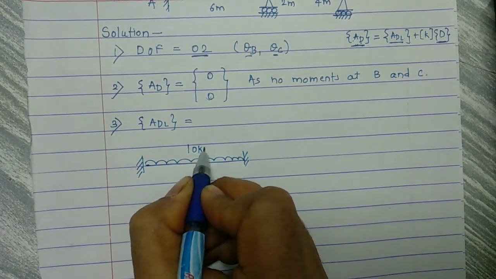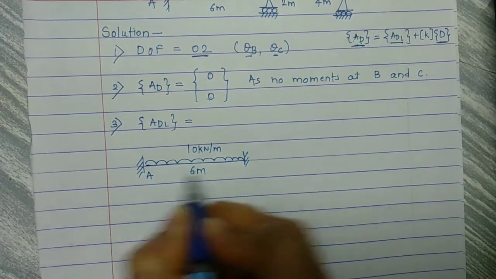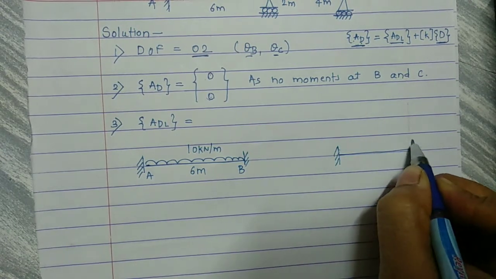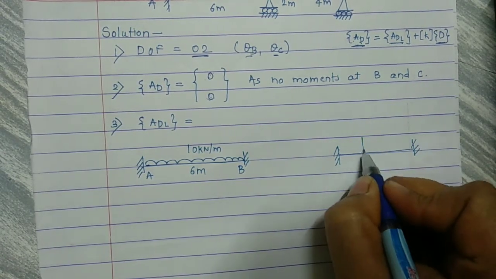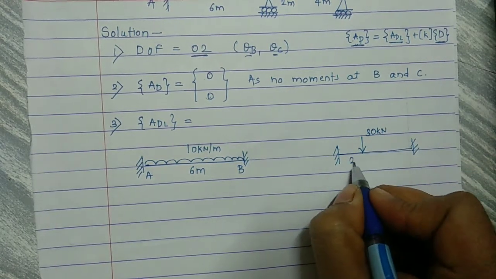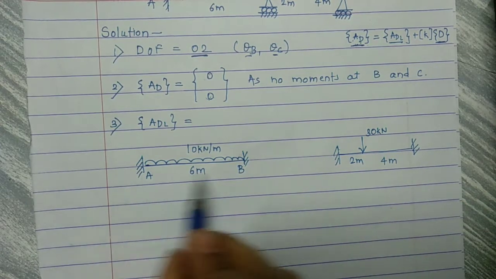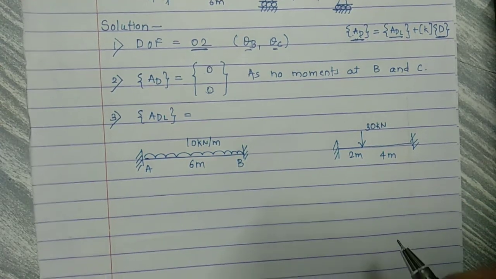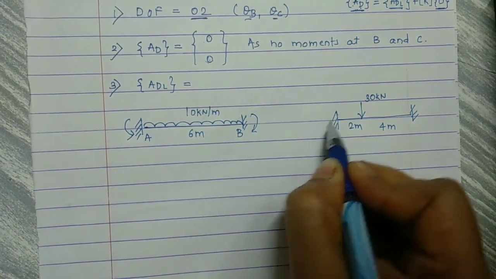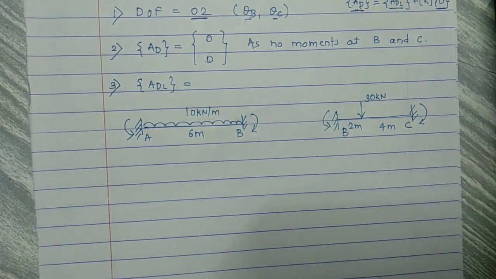This is the external load acting over member AB of length 6 meter, and then restrained member BC, with external loading of 30 kilonewton at 2 meter and 4 meter. So calculate these restraint moments, the fixed end moments for AB and BC. So here this is AB, BA, and this is BC, and this one is CB.